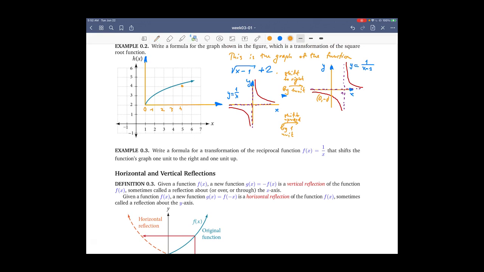So a new set of coordinate axes. Vertical asymptote at 1. And horizontal asymptote at 1. And the graph now looks the following way.